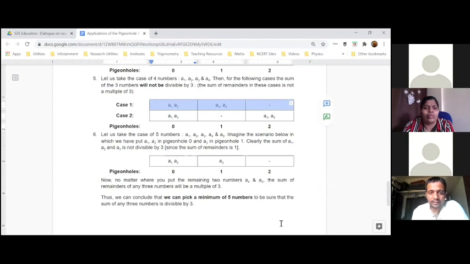Just in case we place A1 and A2 in pigeonhole 2, and the third in pigeonhole 2 as well. It will not work.